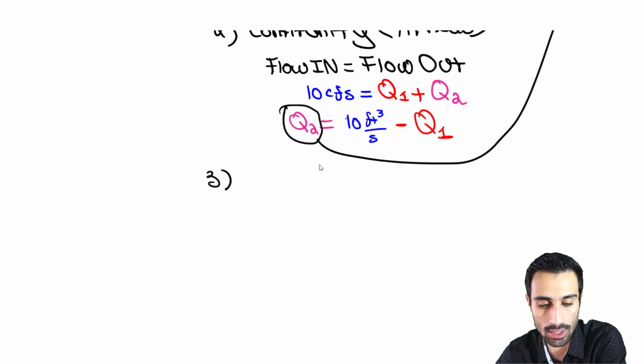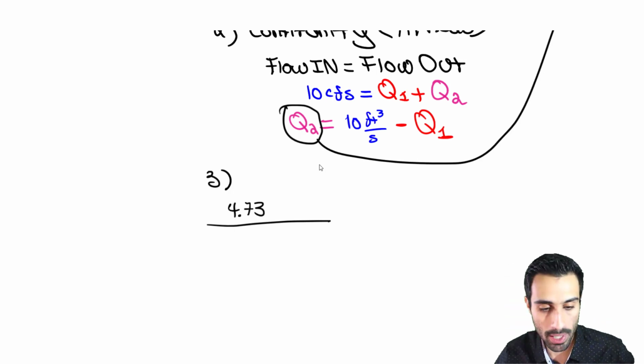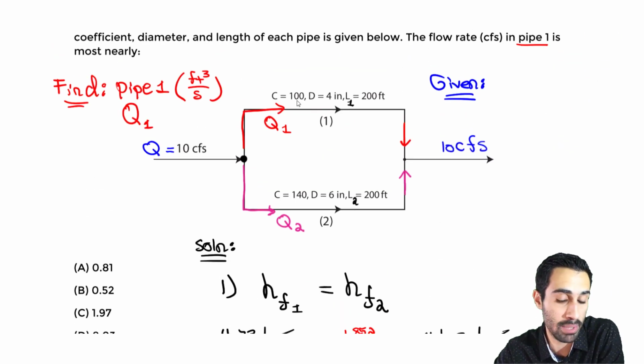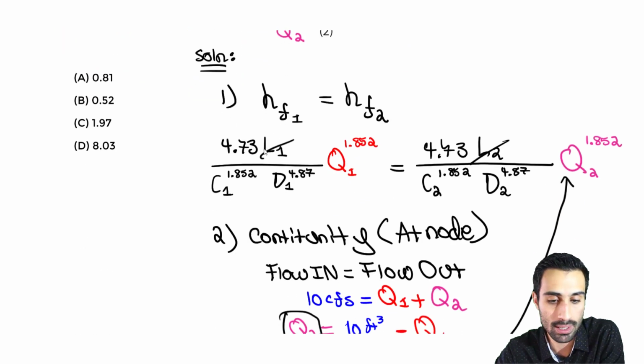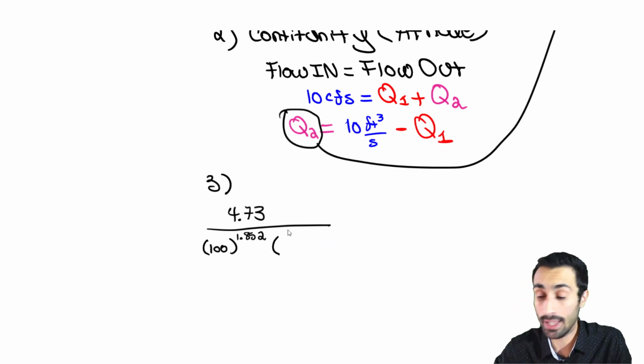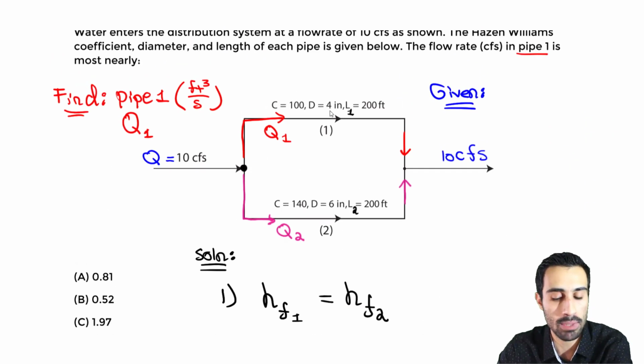So we will say it's going to be 4.73 divided by 100, and we raise that to the power of 1.852. And we know that 100 is the coefficient for pipe 1. The left side here of the equal sign is the head loss for pipe 1. Then we take that to the diameter. So what's the diameter? 4 inches for pipe 1, but you have to be careful.